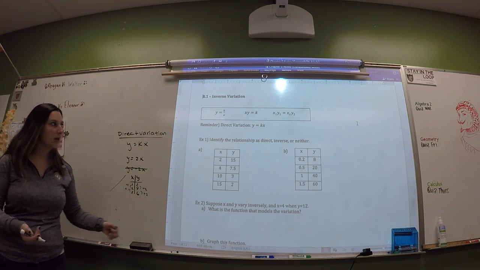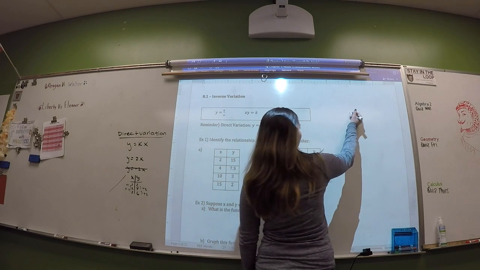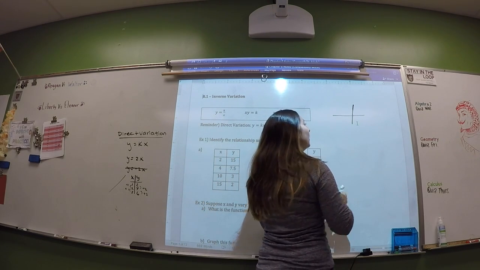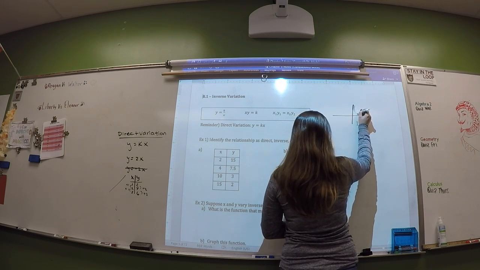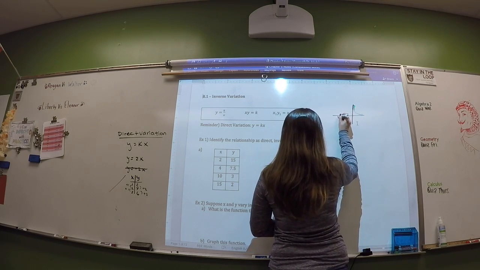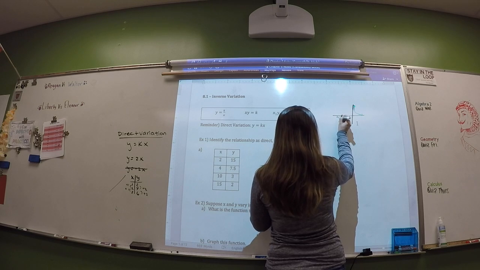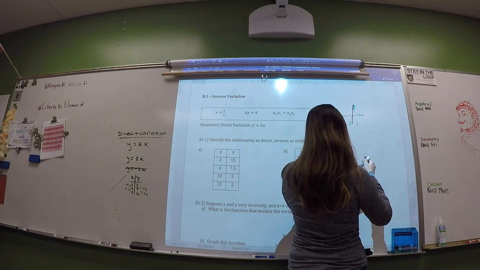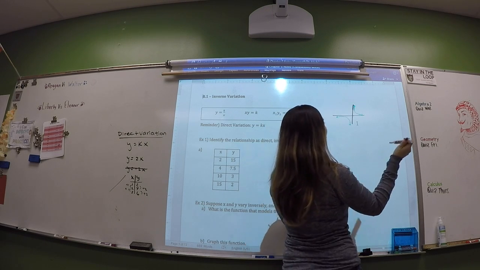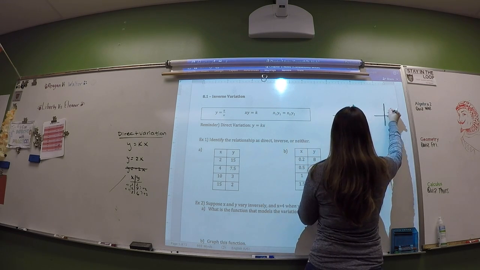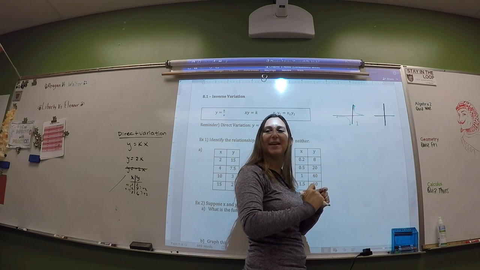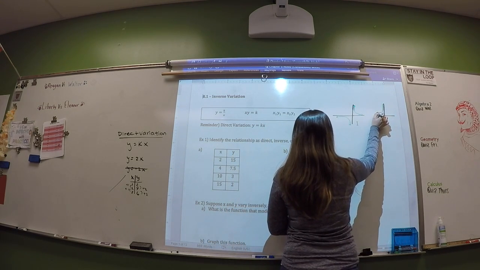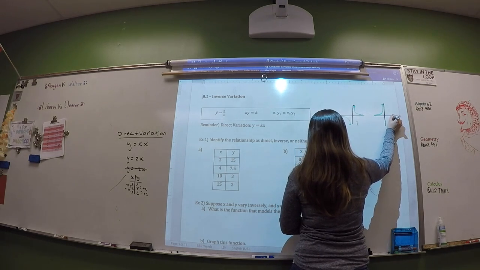So in general, what an inverse variation looks like is either two swooshy things going this way, or two swooshy things going this way.